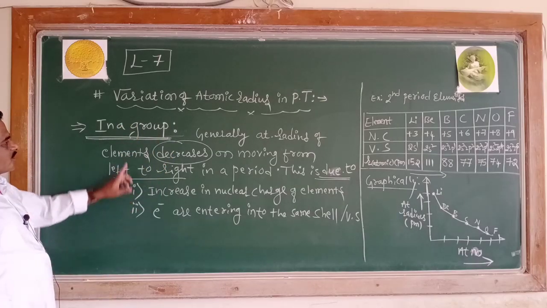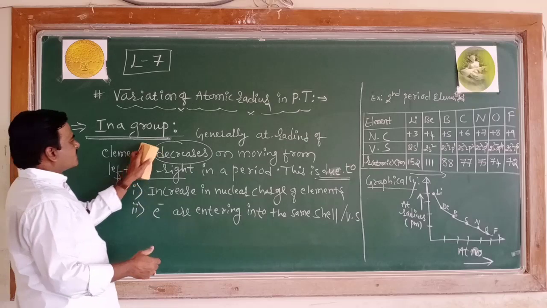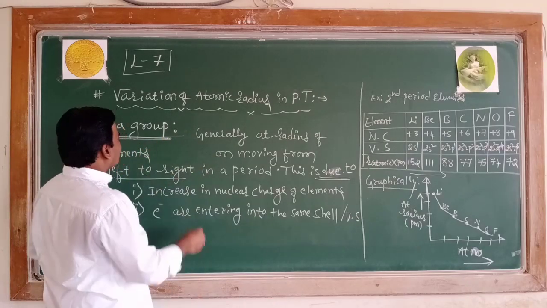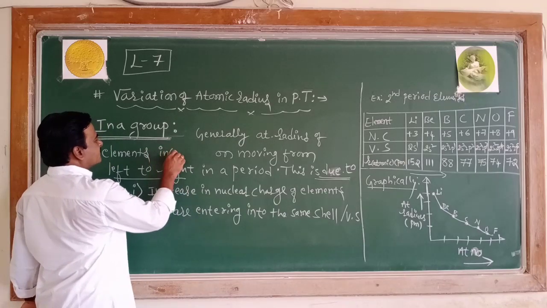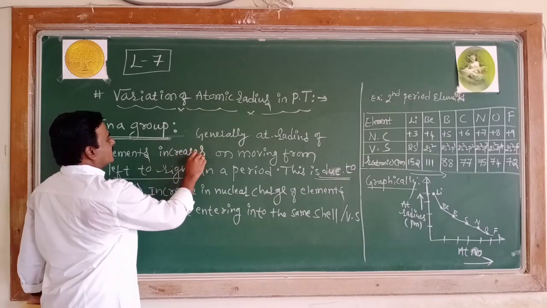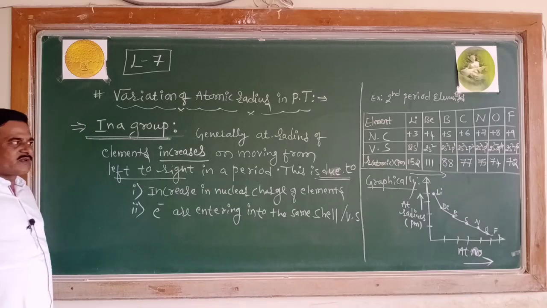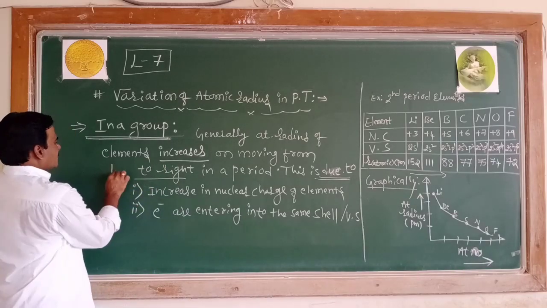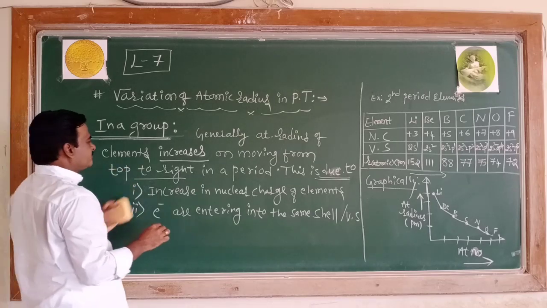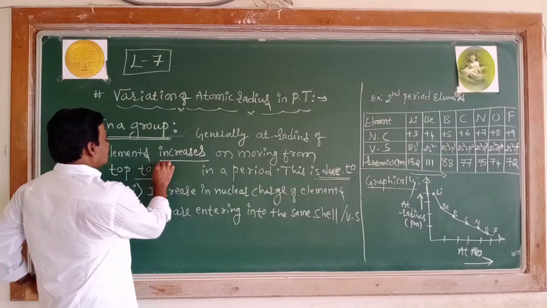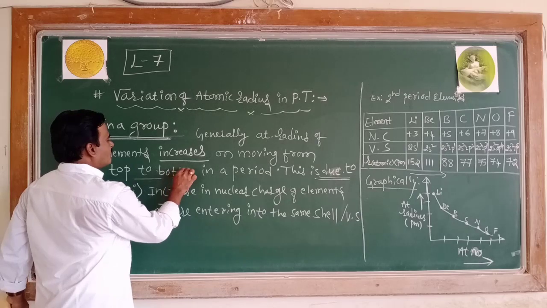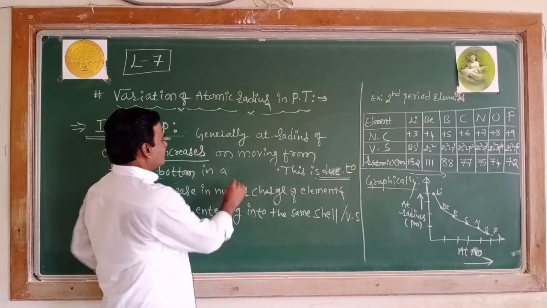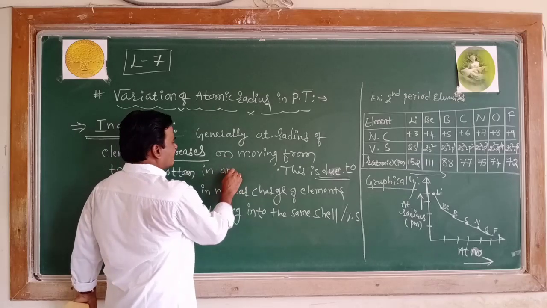In a group, the atomic radius of the elements increases as I move from top to bottom in any group.